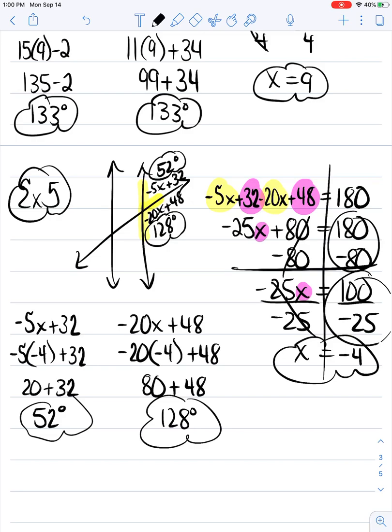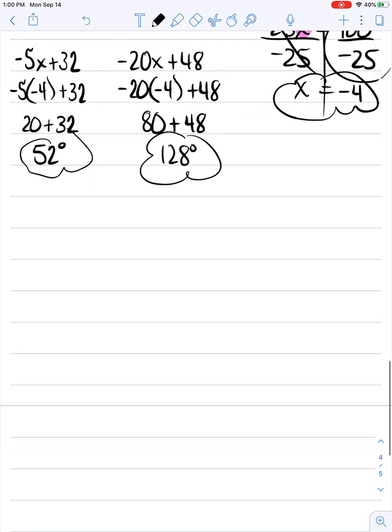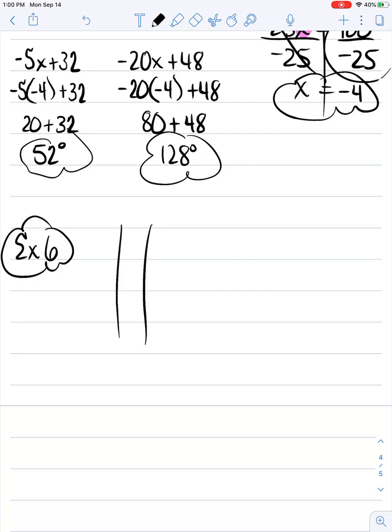Now let me show you one more thing that you may have to do. Sometimes your angle relationship is not so apparent. Sometimes you have to move stuff around. So let's look at an example where we have to do that. So here are our parallel lines and our transversal. This angle is going to be 11x minus 9, and this angle is going to be 7x minus 9.